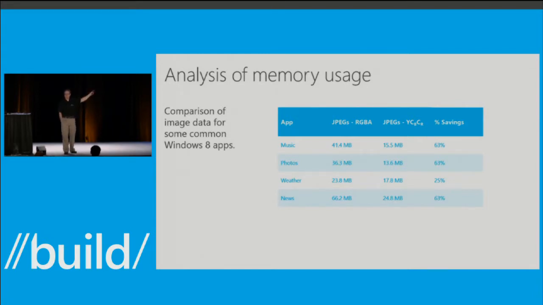So we get the 25% savings because we don't have to add that alpha bit, which is always going to be 1 anyway in this case. So at the very least, you're going to get 25% savings. But in most cases, if you have JPEGs that are in 4:2:2 or 4:2:0, you're going to see more of a 63% savings just by changing from using WIC and going out to a BGRA format to using the YCbCr effect.